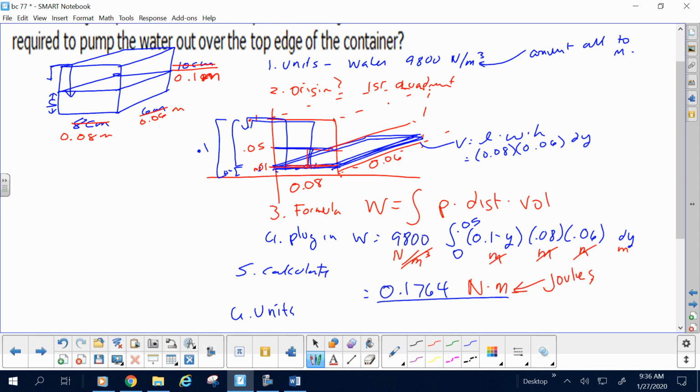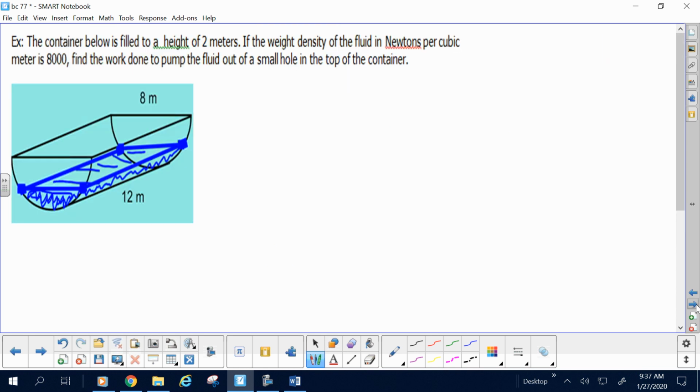I need to get that slice all the way to the top of the container and out. So I have to take it all the way to that top edge of the container. It's not relative to the fluid itself. It's relative to where I have to get it to. So that's the distinction. And I will talk about that more in a second. Okay? All right. Let's try another here.